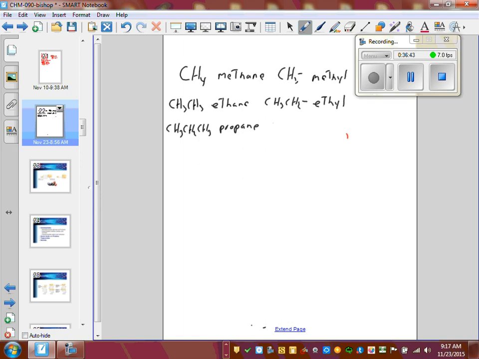CH3CH2CH2 attached to something else is a propyl group. CH3CH2CH2CH3 is butane. I'm not going to draw the whole thing; we just remove one hydrogen, and that'll be a butyl group.